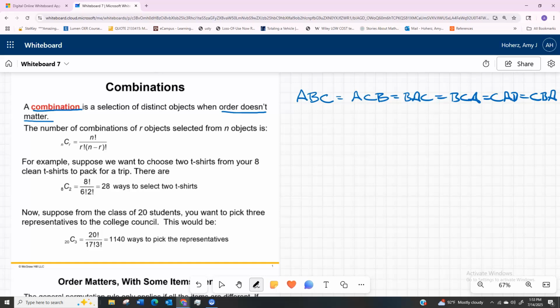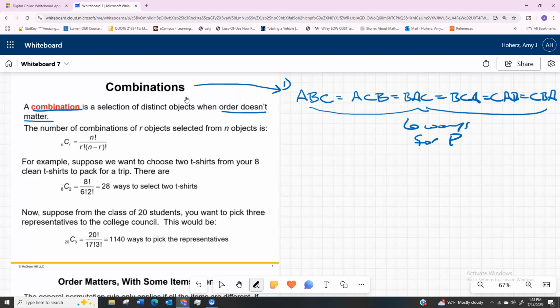So all of these in a combination would be counted as just one thing, whereas with a permutation, these would be 6 different things. If you're talking about a permutation, that's 6 different ways.